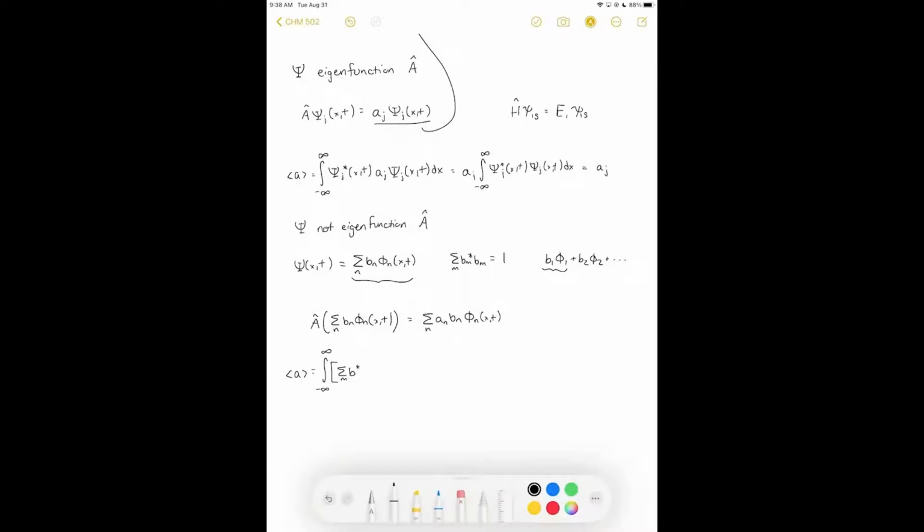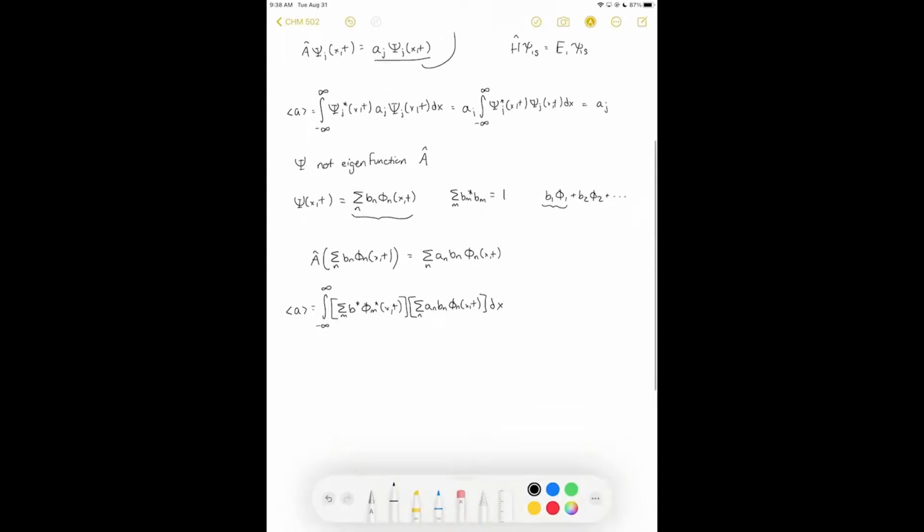So we have b star m phi m star of x and t. And then our new function after we've operated on it with our operator A is a sum over n of an bn vn of x and t.